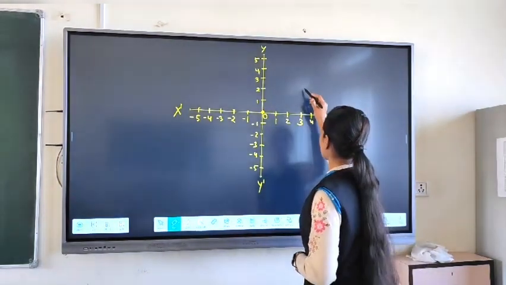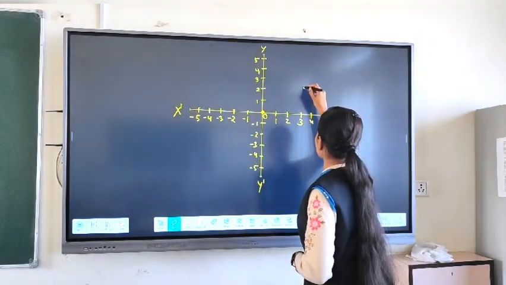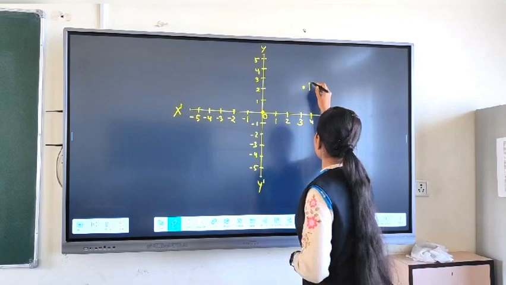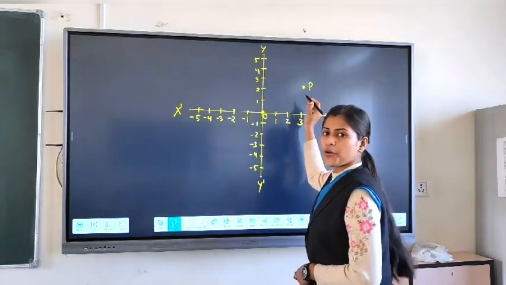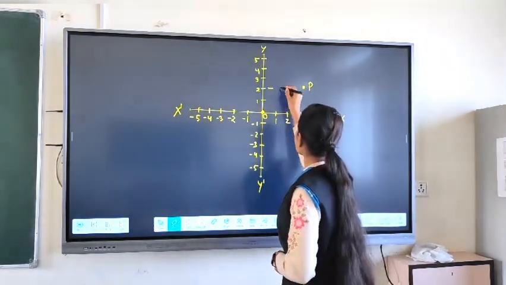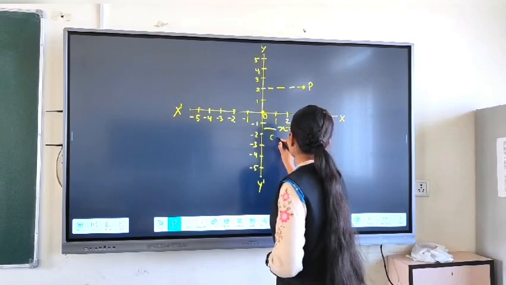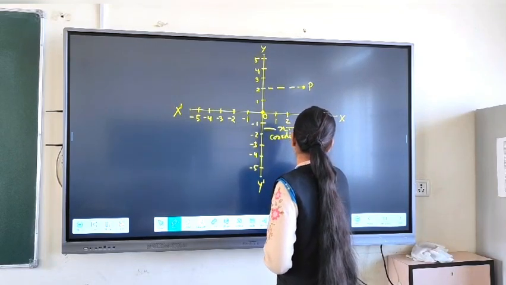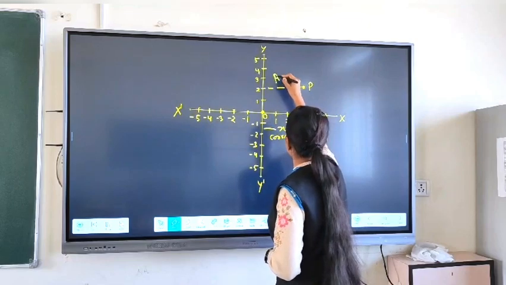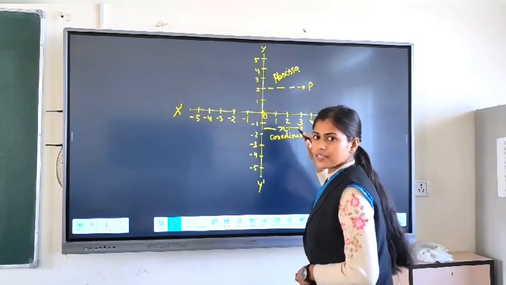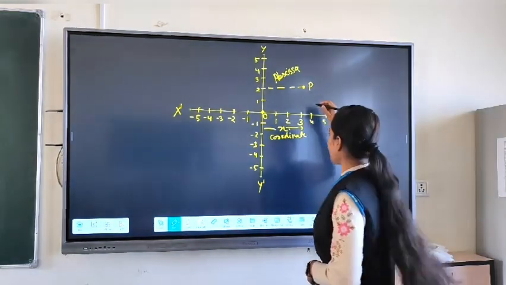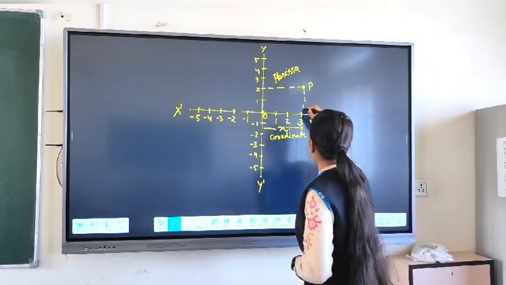Now consider a point here. Suppose this is the point P. So the distance of point P from the y-axis is called x-coordinate. We can also say it abscissa. And the distance of point P from the x-axis is called y-coordinate.